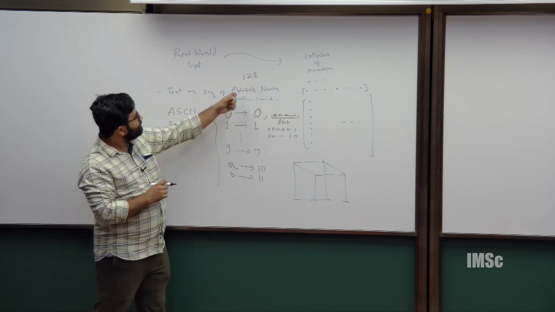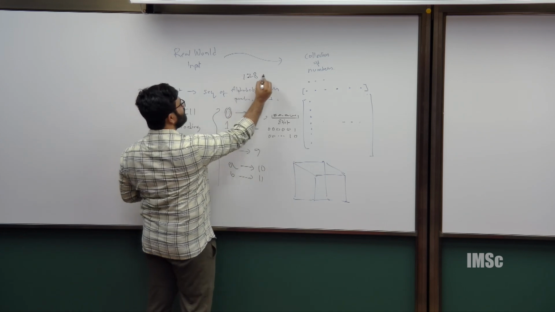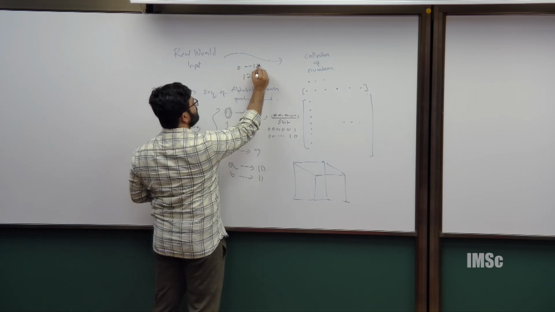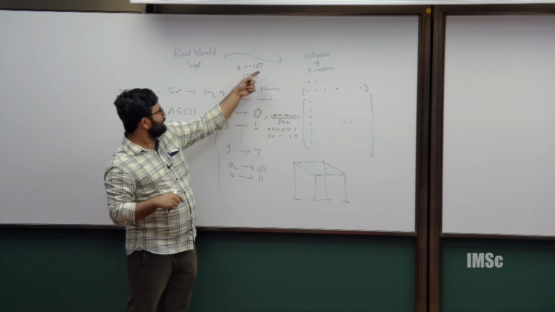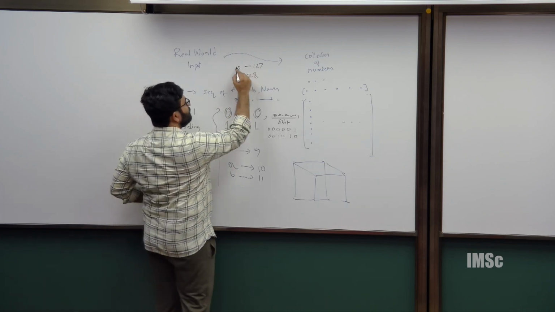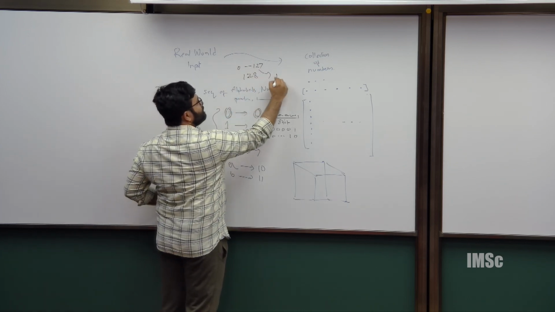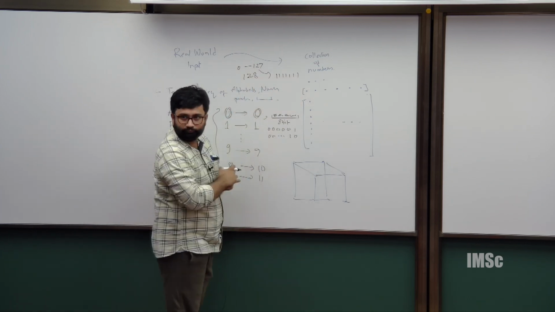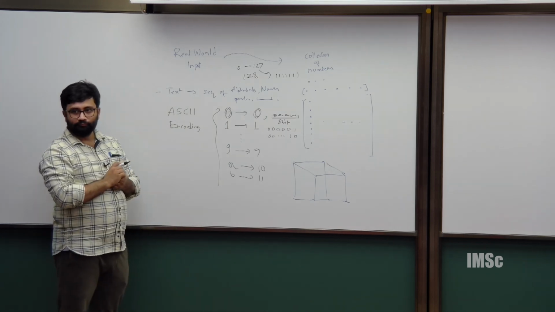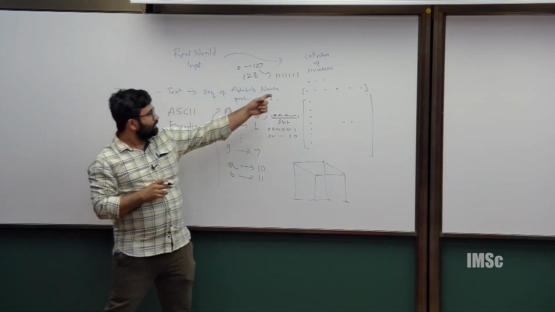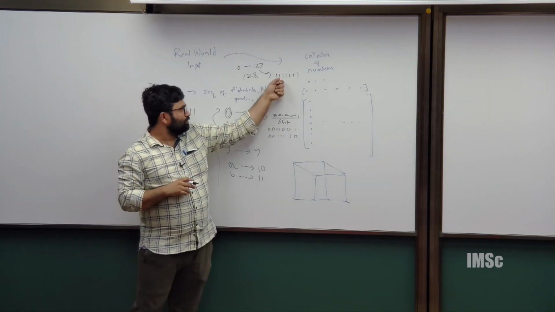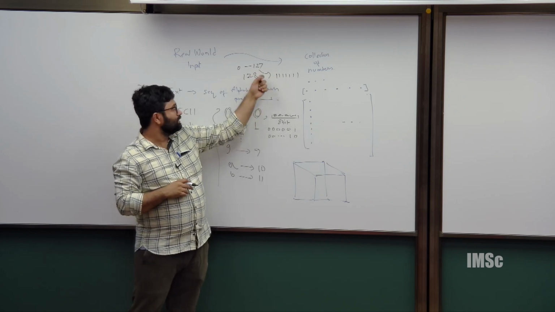And to represent these many different numbers, which would be from 0 to 127, you can figure this out by observing that 127 is essentially a sequence of 7 ones. This is just the base change of 127 into binary.